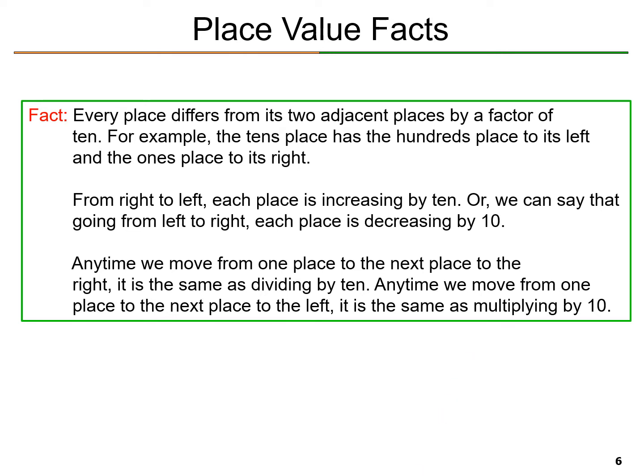So let me write down a number here: 9,422. So this is the thousands place, this is the hundreds place, this is the tens place, and this is the ones place.